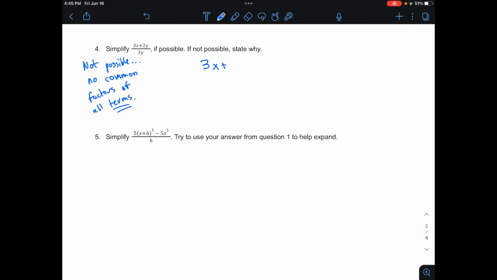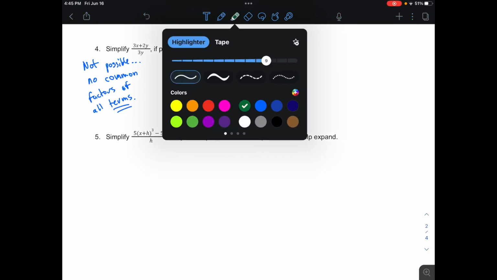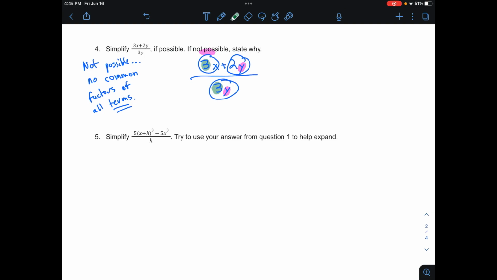So 3x plus 2y, 3x is a term, 2y is a term, 3y on the bottom, 3y is a term. Terms are separated by addition or subtraction. And so there are no common factors there. These two terms have y and y, but this term does not. These two terms have a 3 and a 3, but this term does not. So there's no common factor that can cancel out of everything.